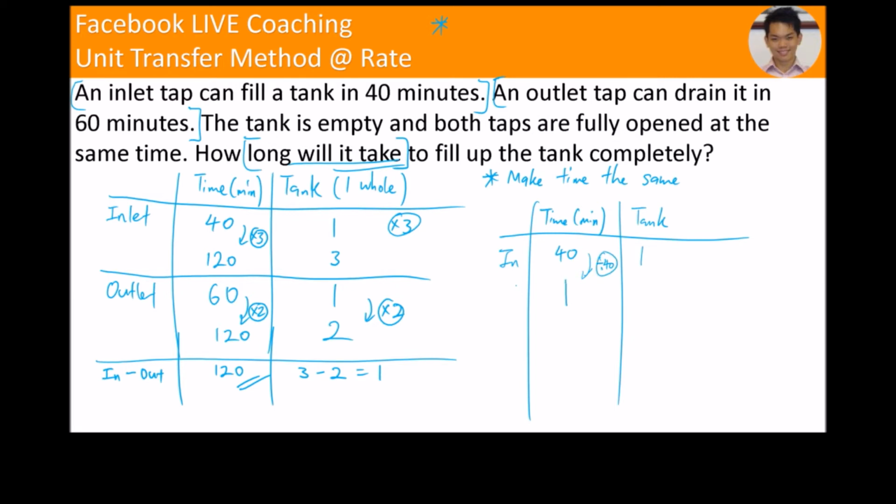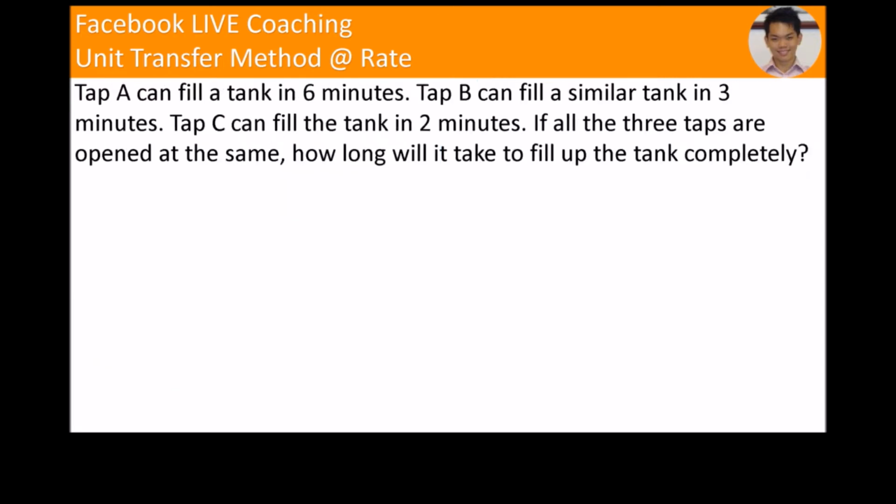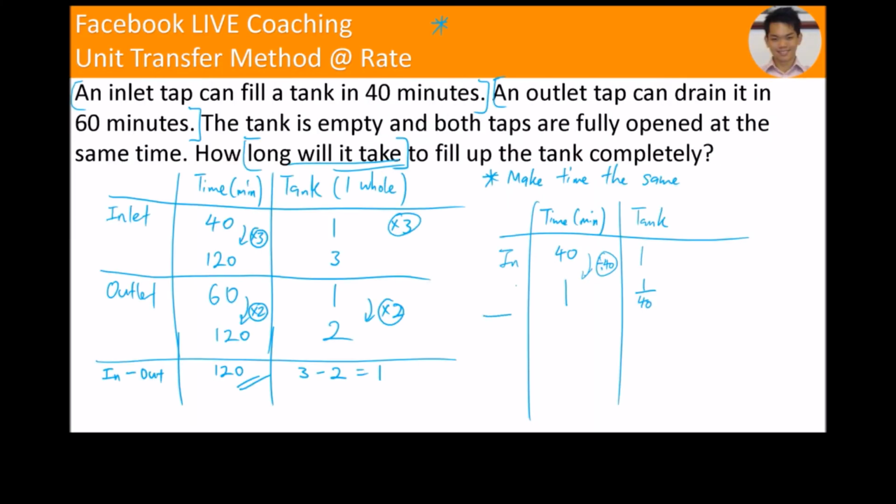So now the time becomes 1, the tank becomes 1 out of 40. For the out, in 60 minutes it clears one tank, so in 1 minute it would be 1 out of 60 of the tank.